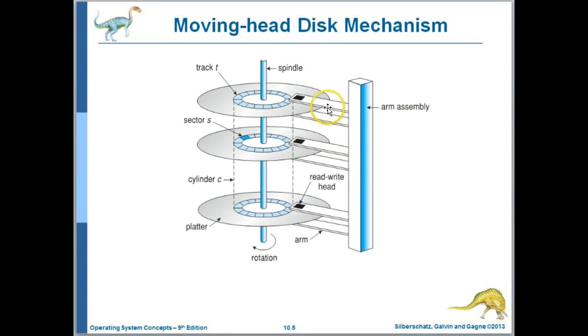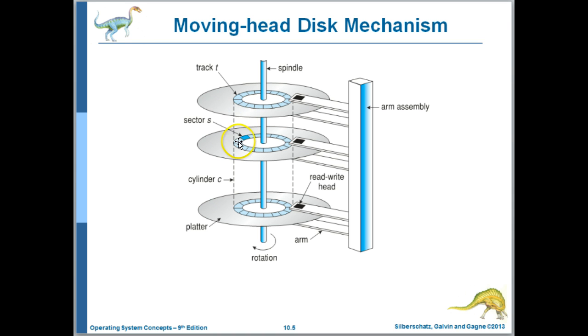You'll note that these read-write heads are ganged together, so it's not possible for, say, this set of read-write heads to be on one track, let's say track T, and another set of read-write heads to be on a track S. So only one track number can be accessed at any particular time.